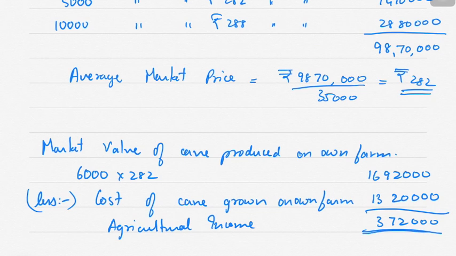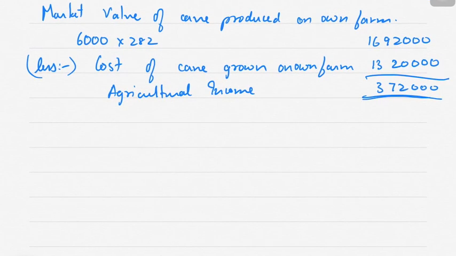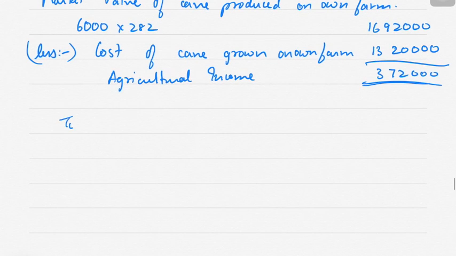All these problems have been explained in the previous video, so I'm not explaining again. Total profit is given as 5 lakhs.